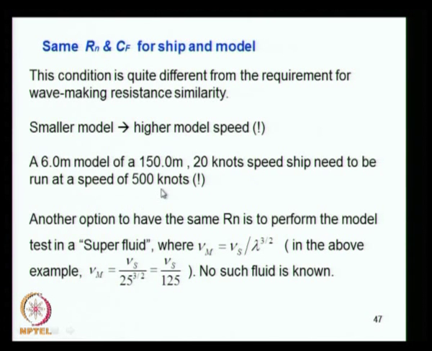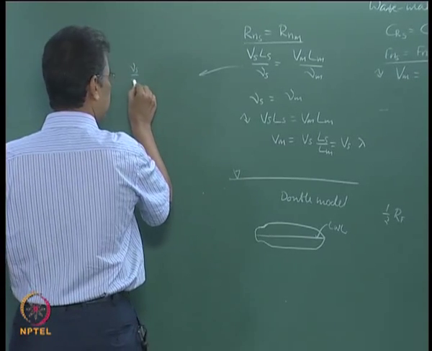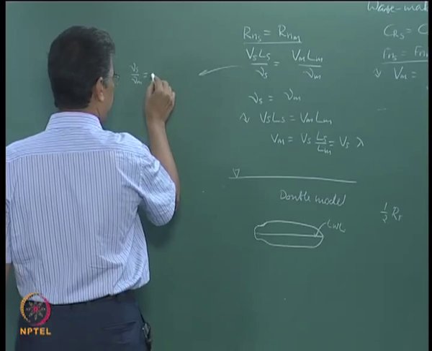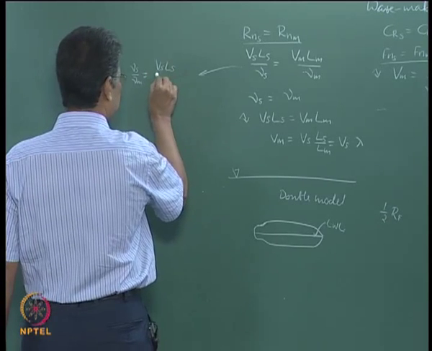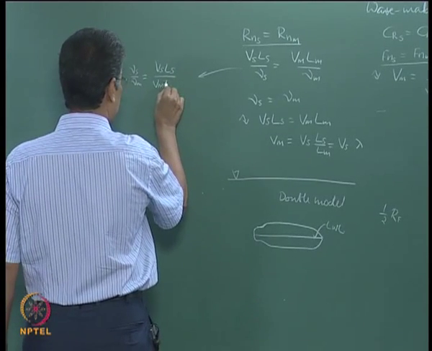Another option to have the same Reynolds number is to perform the model test in a different fluid. You have to consider the relation between nu m and nu s, which is equal to lambda raised to 3 by 2. If you consider nu s by nu m, it is equal to Vs Ls by Vm Lm.